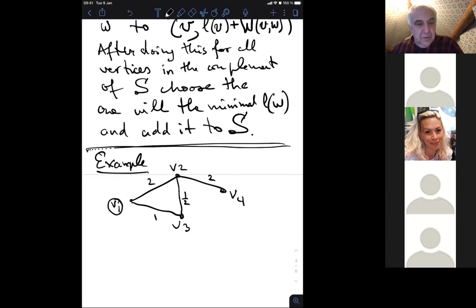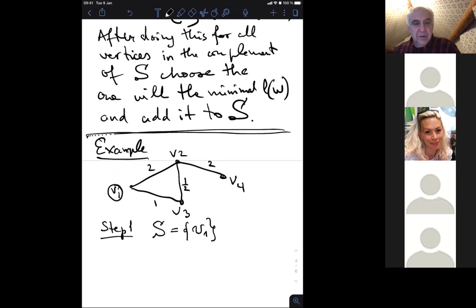Okay, so step 1, I'm initializing everything. So S, my set, contains only the vertex V1. Now my labels, I'll call them F. So F of V1 is V1 and 0.